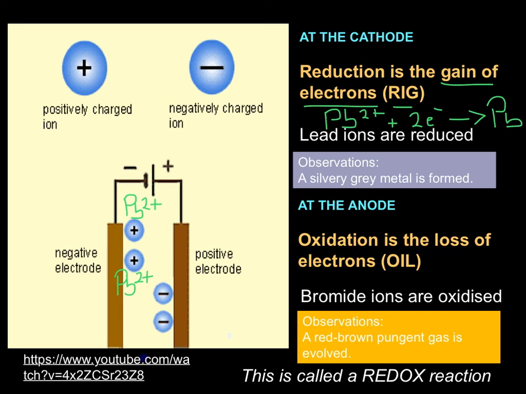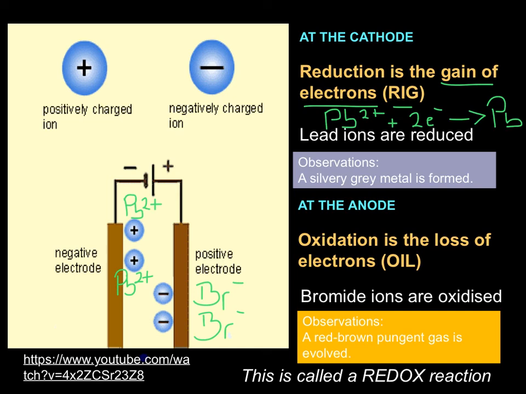So I can fill in on my screen that it's the negative Br- bromide ions that are attracted to this positive electrode. At this point, keep highlighting, they donate their electrons to the electrode, and in doing so, they turn into a molecule of diatomic bromine. Now, highlight in your notes, when electrons are lost, we call this oxidation.